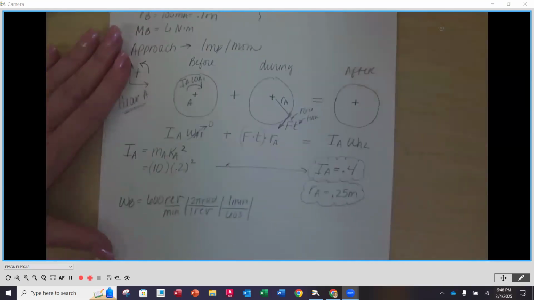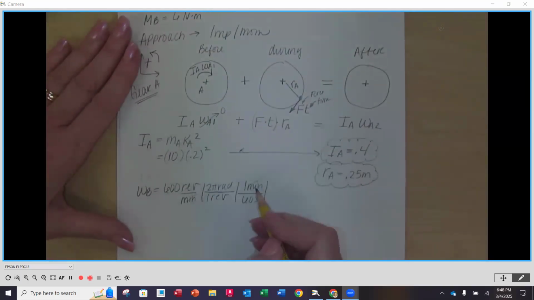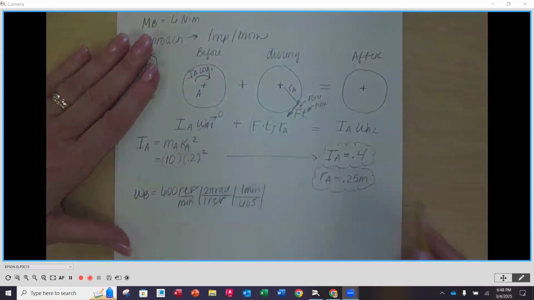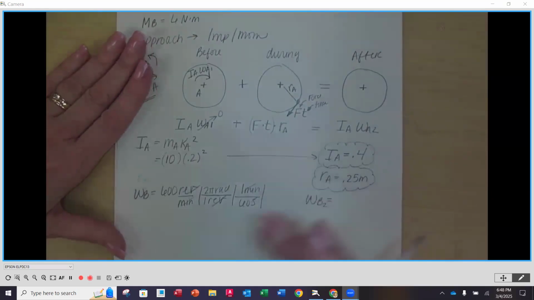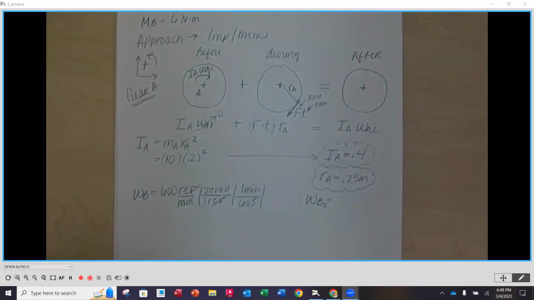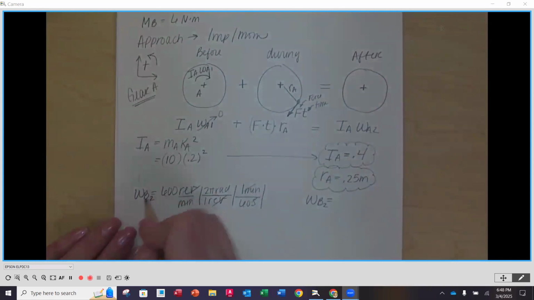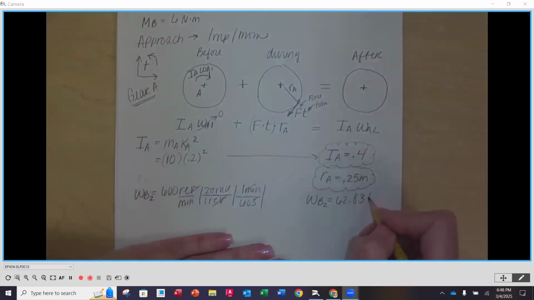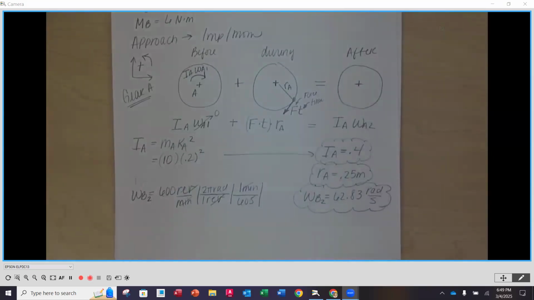So for omega B, minutes cancel, revolutions cancel, seconds do not cancel. That's what it speeds up to, and it should come out to be 62.83 radians per second. Because again, in these equations, we cannot use the RPMs.